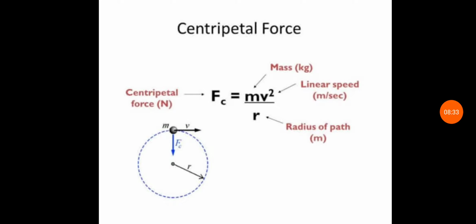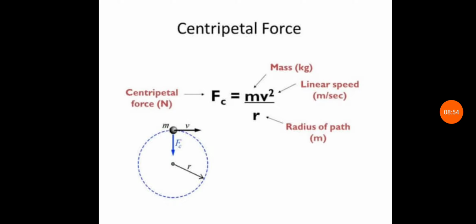This force is called the centripetal force, which produces the centripetal acceleration. In the absence of the centripetal force, the object will travel in a straight line. Hence, the effect of the centripetal force is to continuously change the direction of the moving object, forcing it to move in a circle.